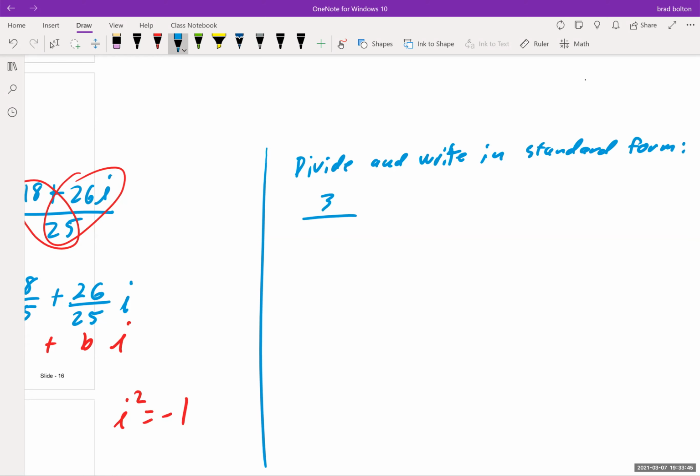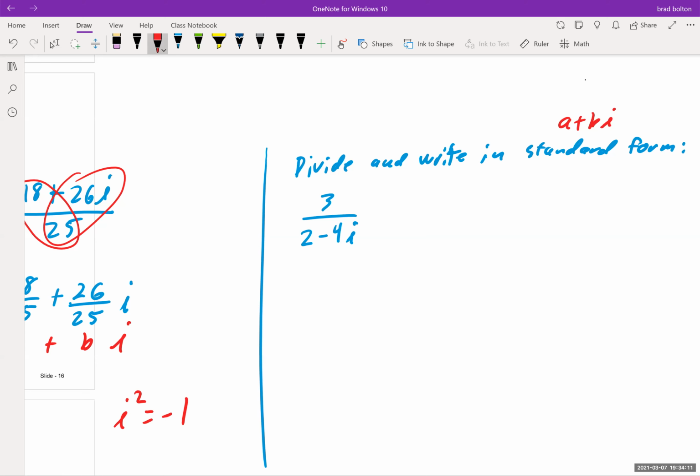So let's say we have 2 over 3 minus 4i, like that. Okay, so I'd like you guys to divide this and then write your final answer in standard form, which once again we know is a plus bi form. Okay, so pause the video and give this one a shot.